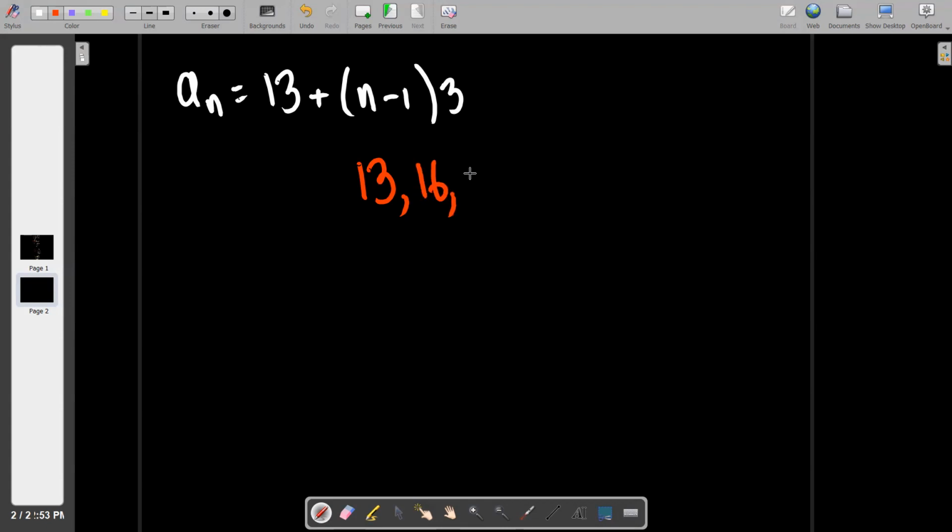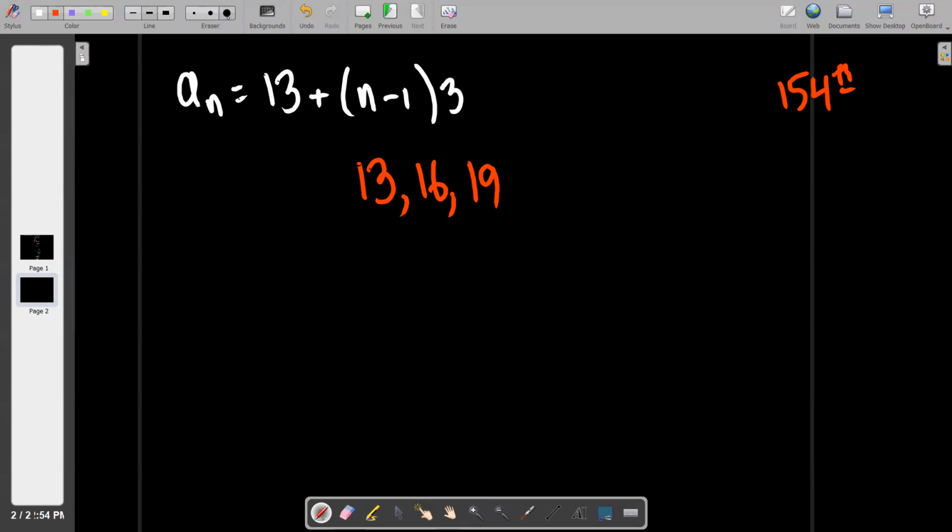So your options at this point are, if I said the 154th term, option 1 is to grind it out and actually write out the first 155 terms. But the beauty of an explicit formula like this is that I can go right in and just change the letter n into 154.